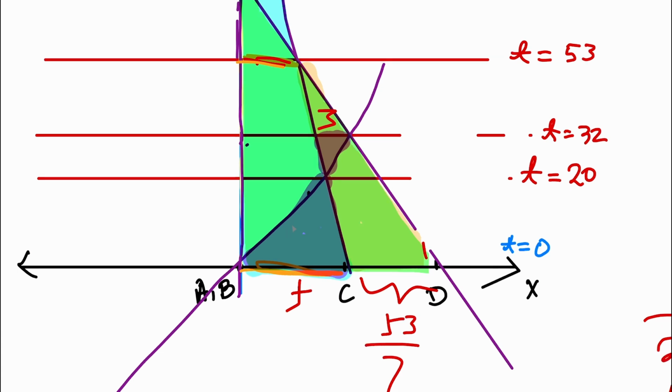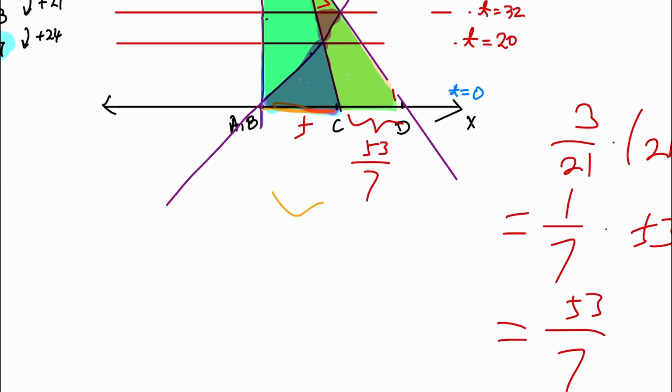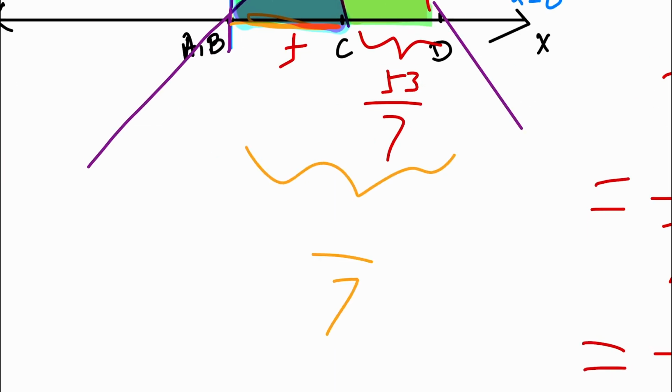So we have this sum, so that would be 7 as a denominator, that's 35 plus 53. Well, that's just equal to 88.